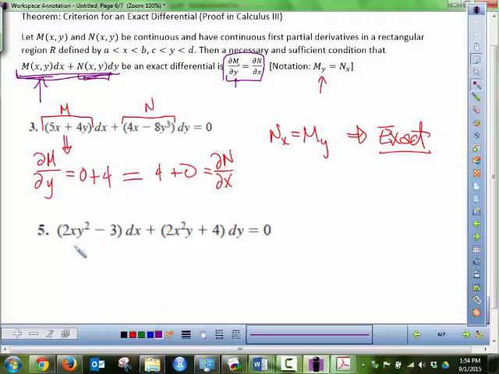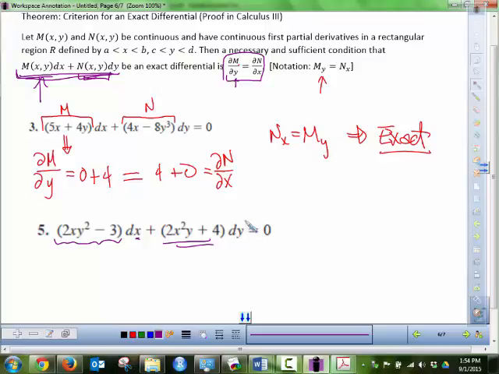So you can go ahead and identify the M and the N, or you can just say, there's a dx over here, so I want to take the derivative of this thing with respect to y, just the opposite. And there's a dy over here, so I want to take the derivative of this thing with respect to x. So any way you want to play it.